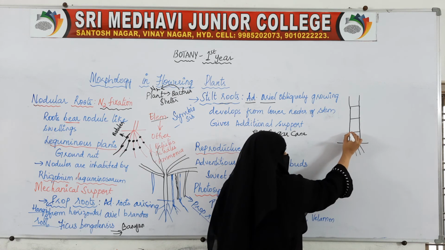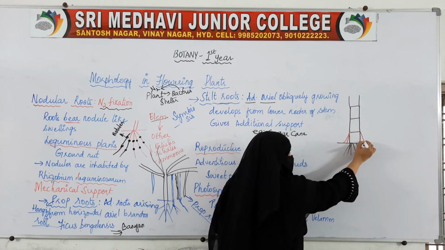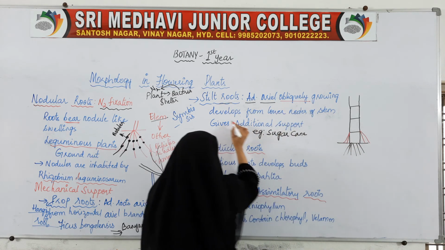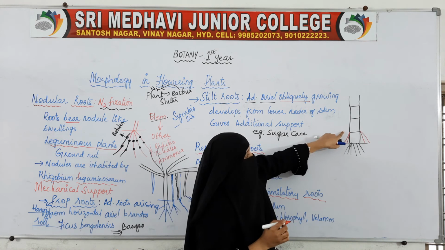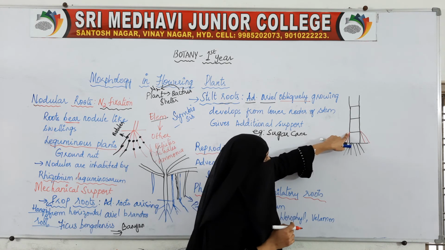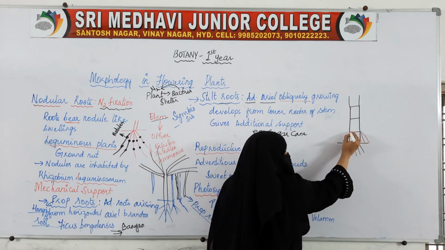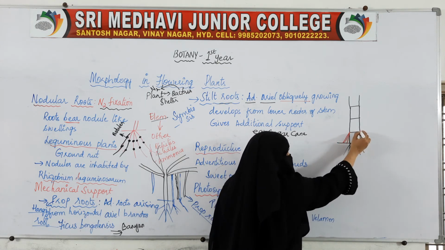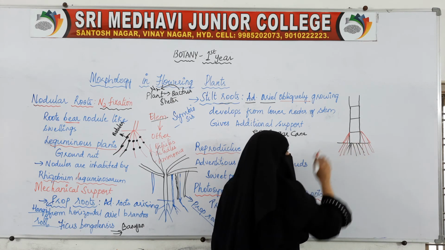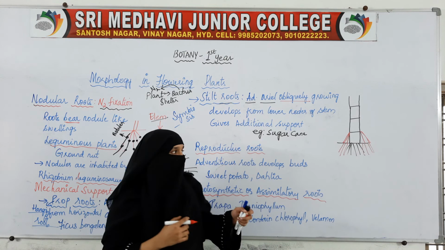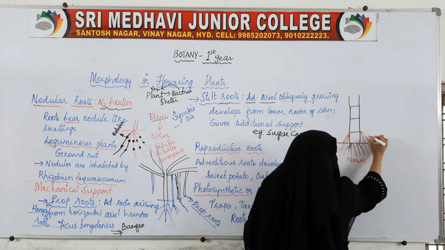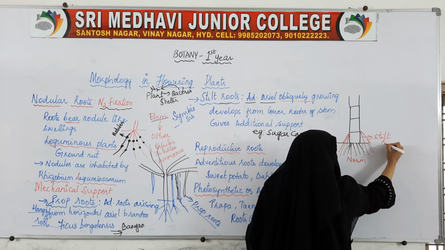They develop from the lower node of the stem, and from this lower node obliquely growing roots will arise. These roots will again merge with the soil and give support. So these are the normal roots which they already have, and these are the stilt roots.